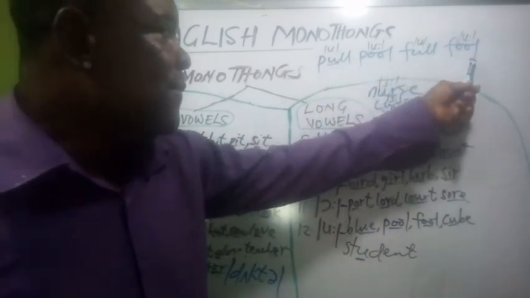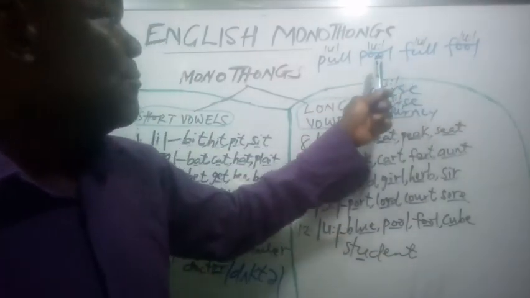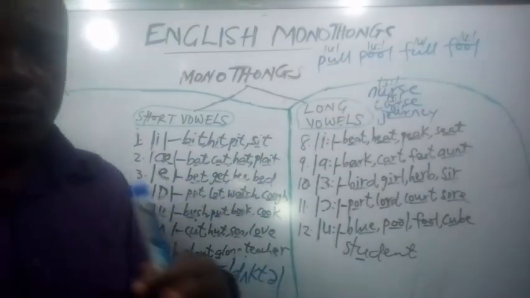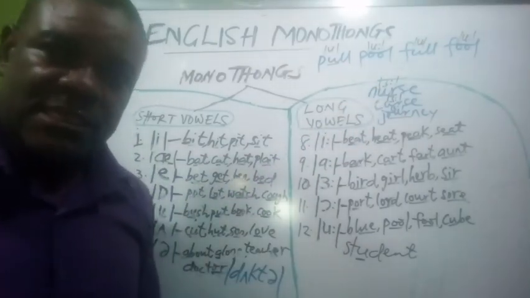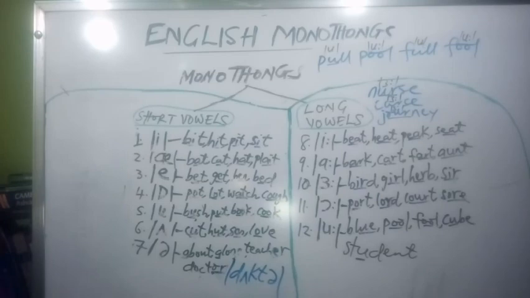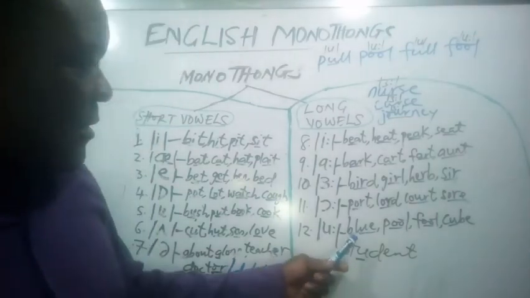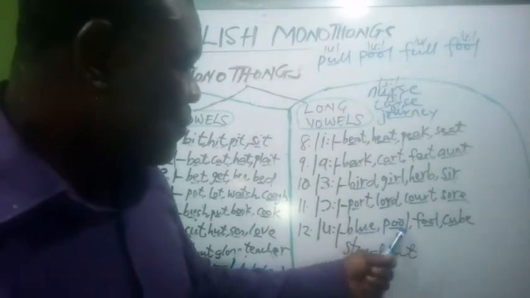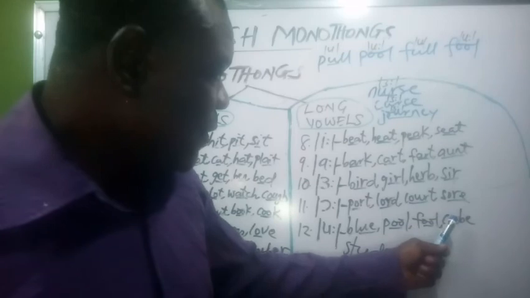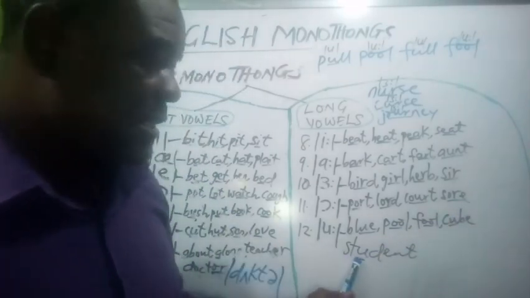Pull the fool into the pool. So the contrast is what we want to decipher there. And then let's look at this: blue, pool, fool, cube, student.